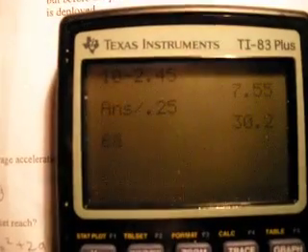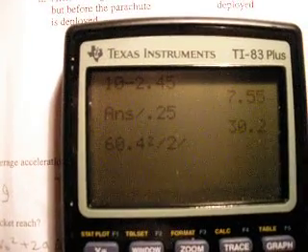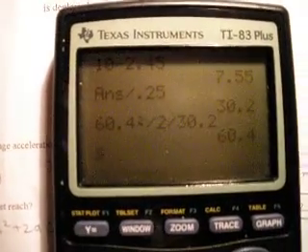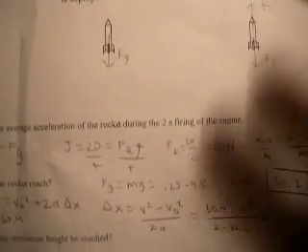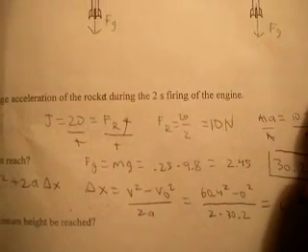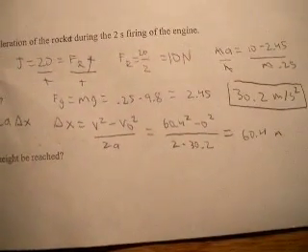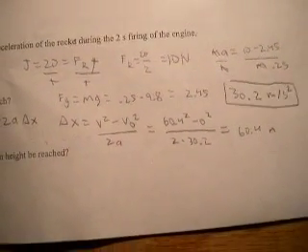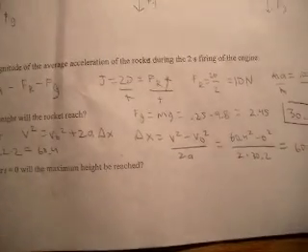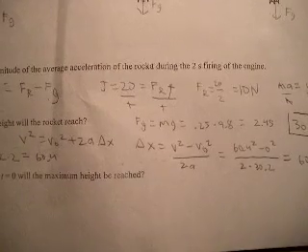And that equals 60.4, the same thing as the acceleration, although that isn't always the case; in this case, it is. That's only for the first part, though, when it is accelerating with the rocket. After that, the acceleration is only due to gravity, 9.8.